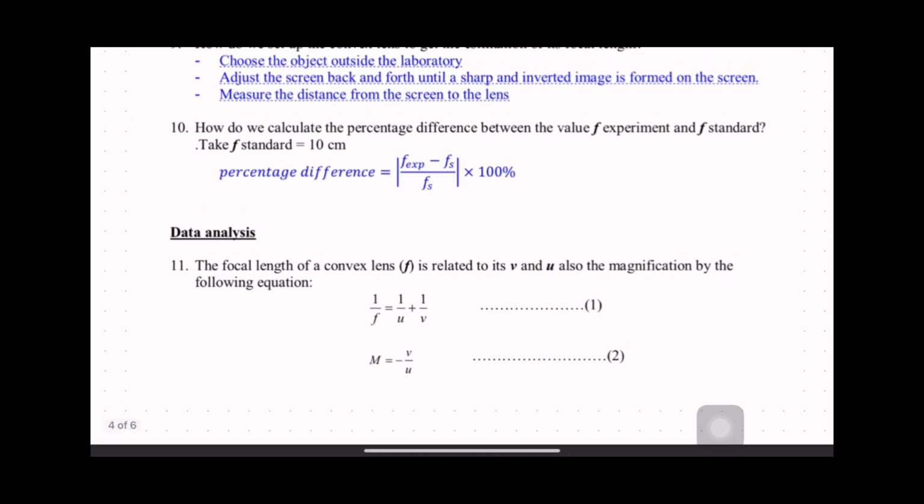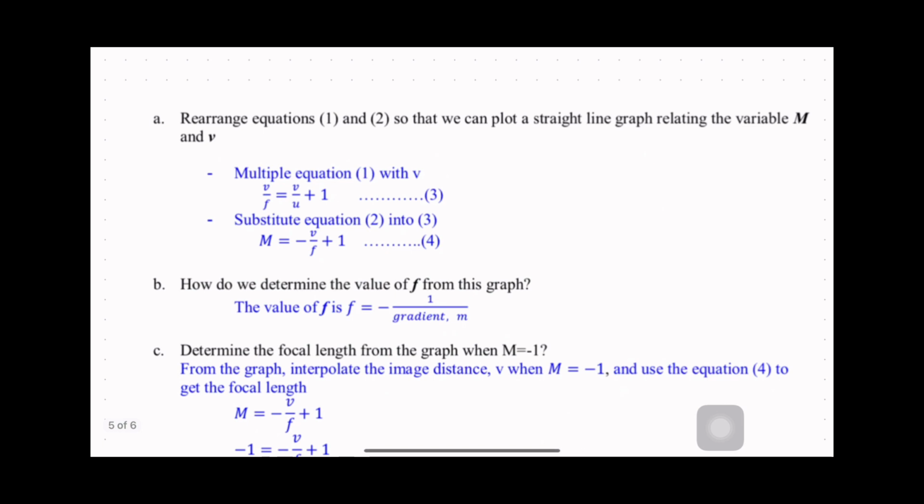Okay, next is data analysis. The focal length of the convex lens F is related to V and U, also the magnification by the following equation. So, inilah lens equation and magnification equation. So, rearrange equation so that we can plot straight line graph relating to the variable M. Maksudnya, that's why dia multiply by V, sebab kita nak dapatkan equation ni supaya graph M versus V dia adalah straight line graph.